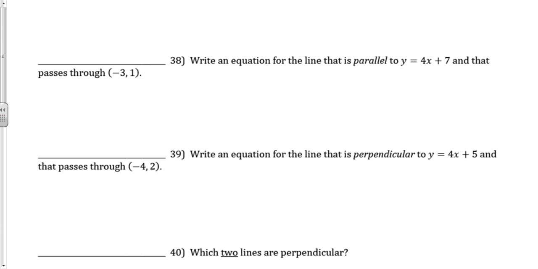Moving to the final page. Write an equation for the line that's parallel and that passes through the point (-3, 1). So we have a point here. It means we want to write this equation in point slope form. We've got the x1 and the y1.